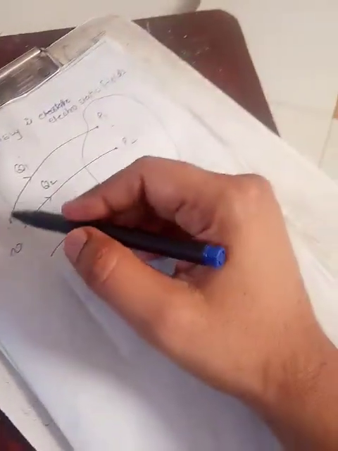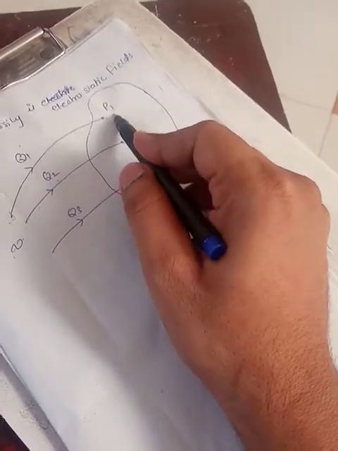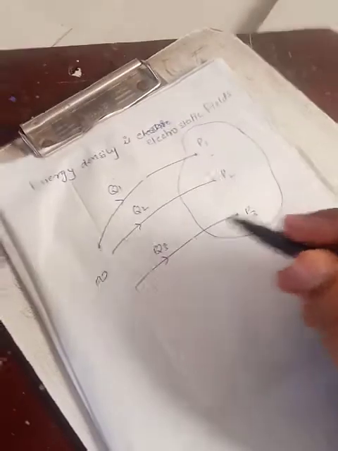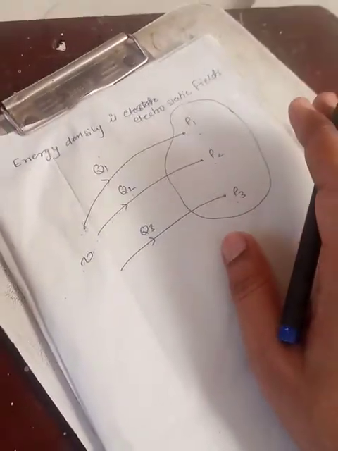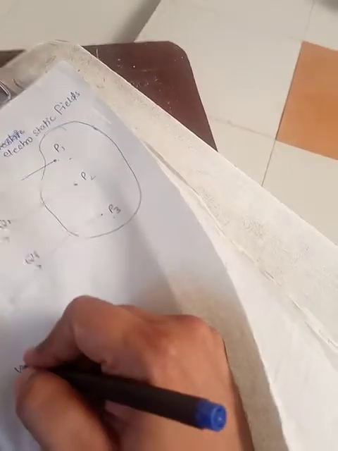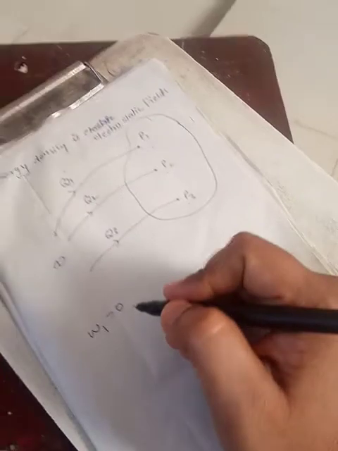If I want to bring charge Q1 from infinity to P1, no work is required, because the space is initially charge free and there is no electric field. So the work done required to move Q1 from infinity to P1 will be 0.